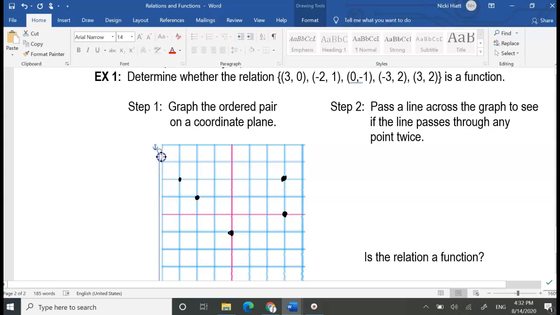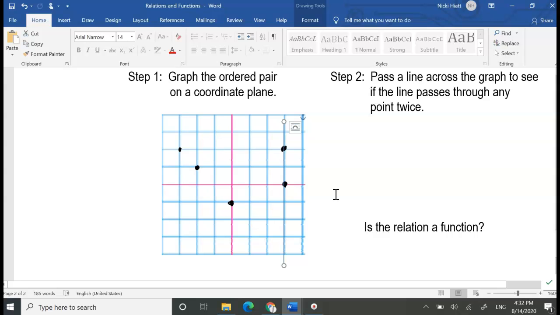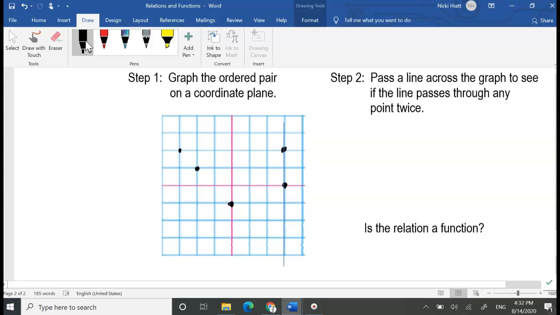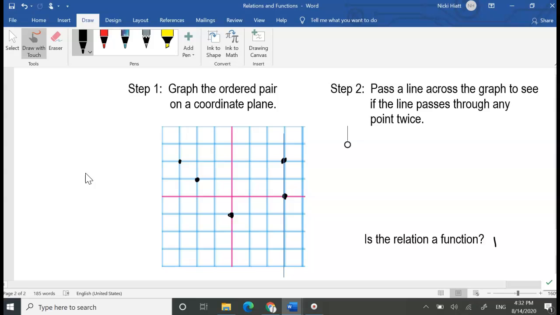And if I pass this through the graph, at this point, only 1 point touches. So up to here, I'm good. But when I get right here, I've got 2 points that touch that vertical line. And so in this case, is this relation a function? No, it will not be a function. No, it is not a function.